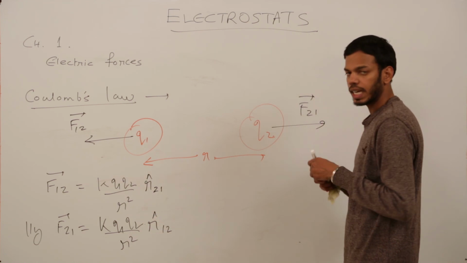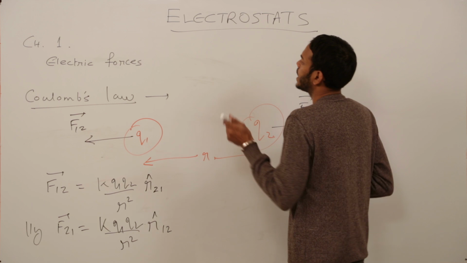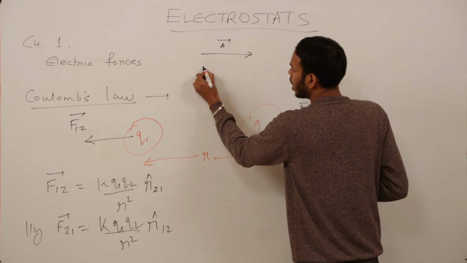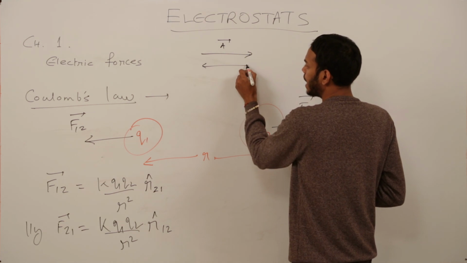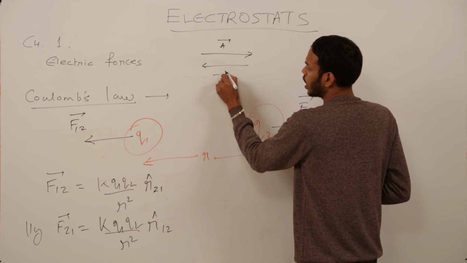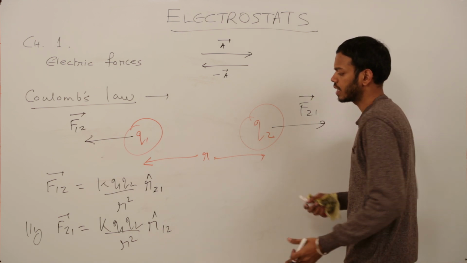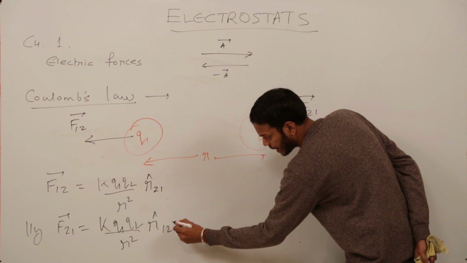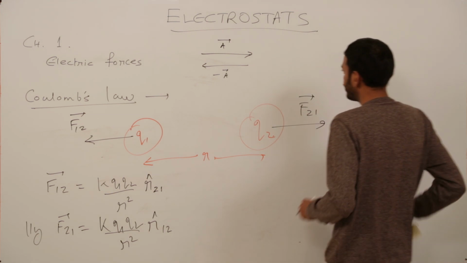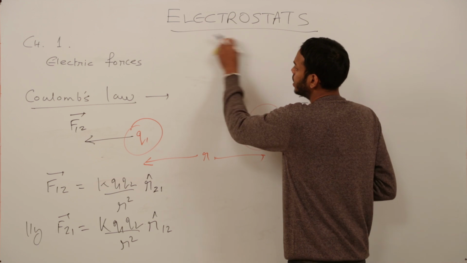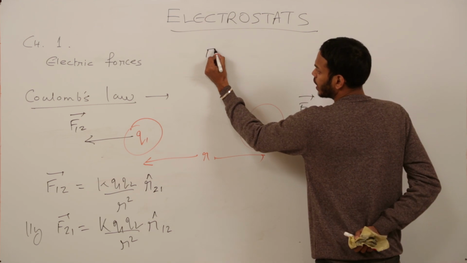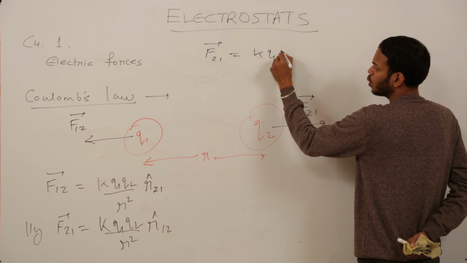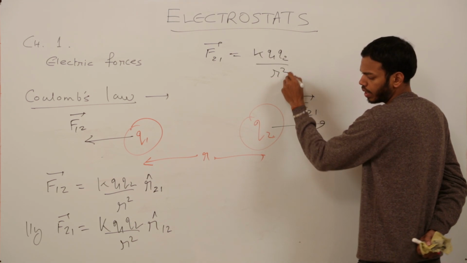But from the vector conventions, we already know that if this is a vector A and I draw a vector which is equal in magnitude but opposite in direction, I can call it minus A, negative vector. Similarly, r12 is negative of r21. So I am rewriting the second equation, F21 equals k q1 q2 upon r square.